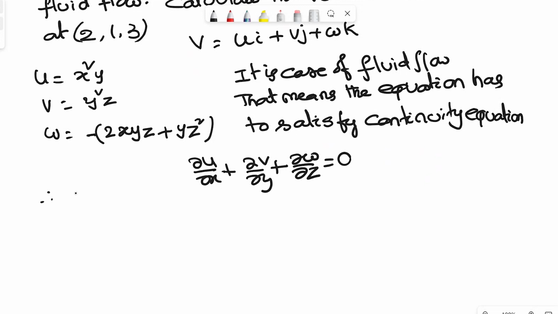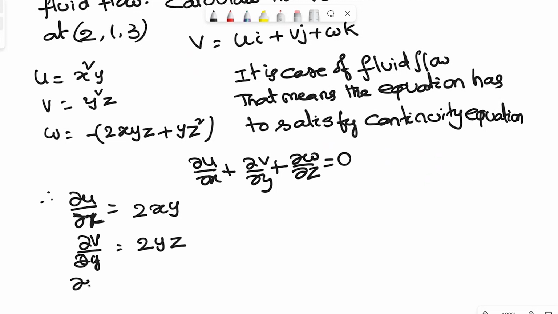So what is dou u by dou x? Dou u by dou x is equal to 2xy. Dou v by dou y is equal to 2yz. Then dou w by dou z is equal to minus 2xy minus 2yz.